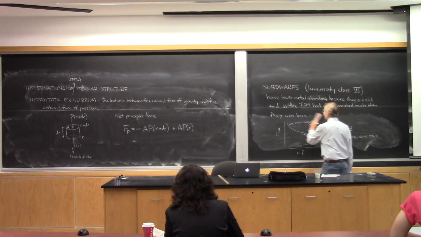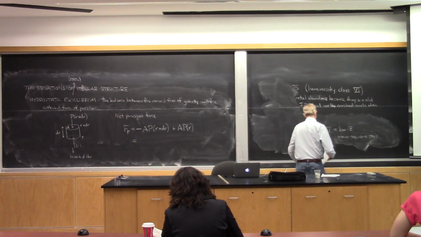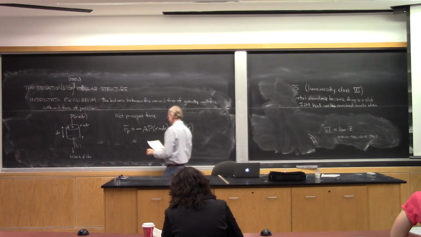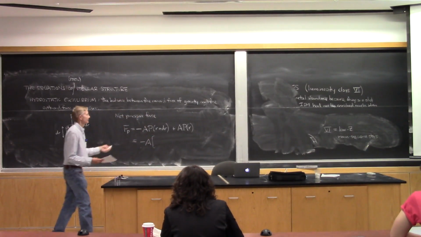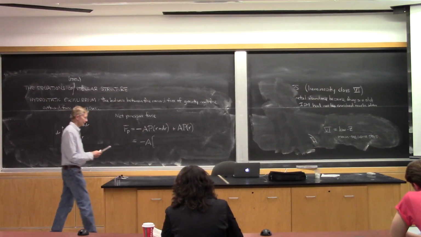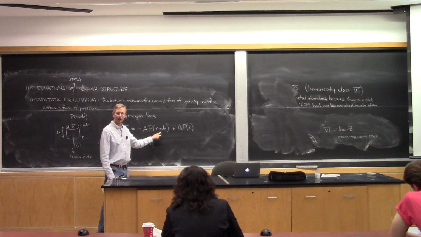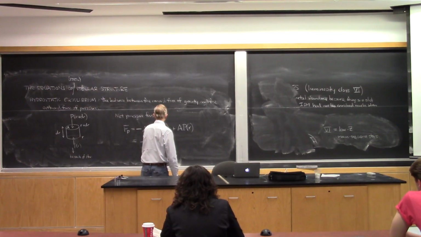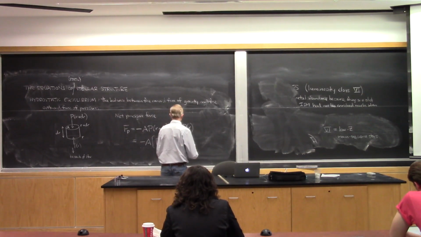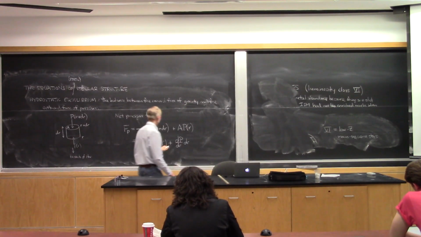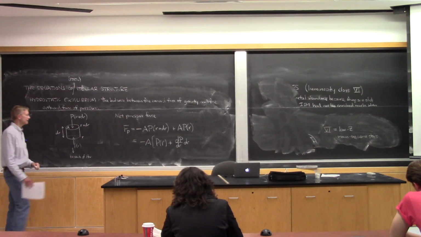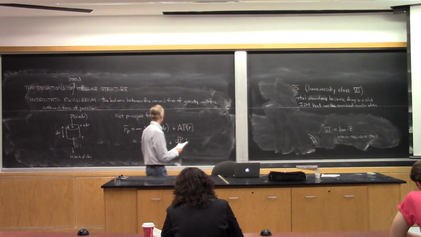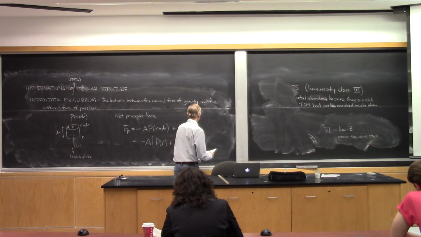And say that this will be minus A, but then in a moment I'm going to say, you don't even have to think of it as a Taylor series expansion here, that P of R plus dr should be P of R plus dP dr times dr. The pressure at R plus dr should be P of R plus dP dr times dr, minus P of R.